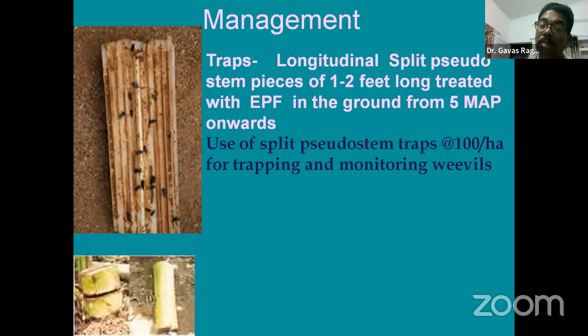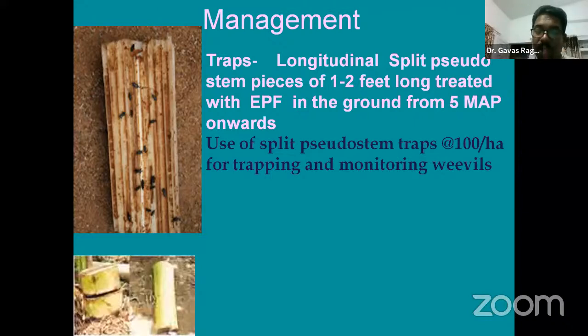And basically we tell the farmers, kindly adopt an organic method for managing this pseudostem weevil, along with placing longitudinal split pseudostem pieces of 1 to 2 feet in the plot at the rate of 100 split pseudostem traps per hectare. So what will happen?